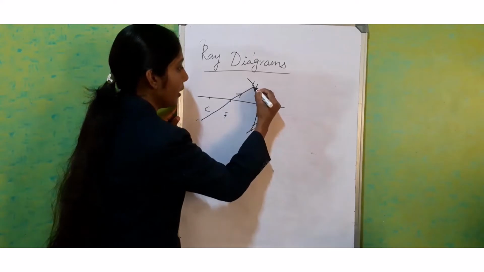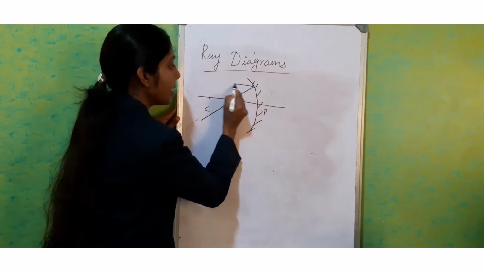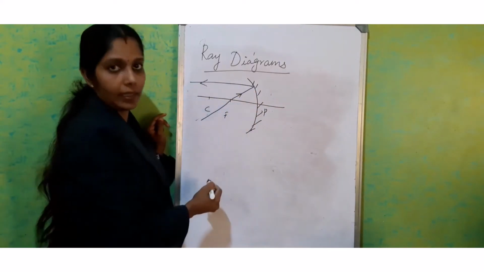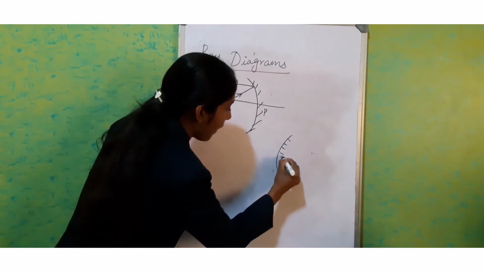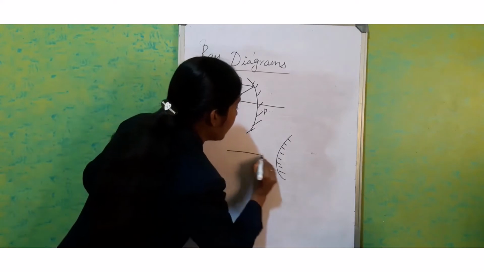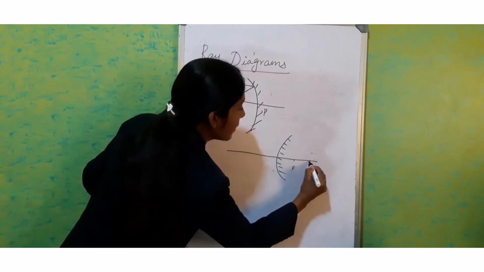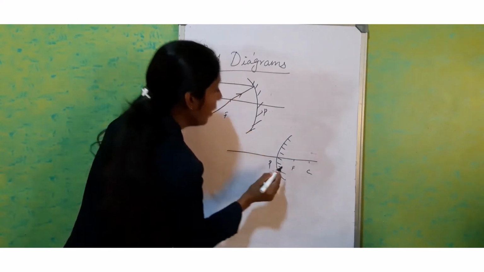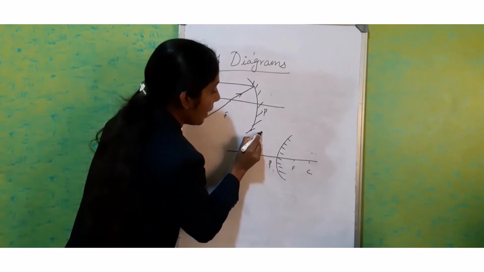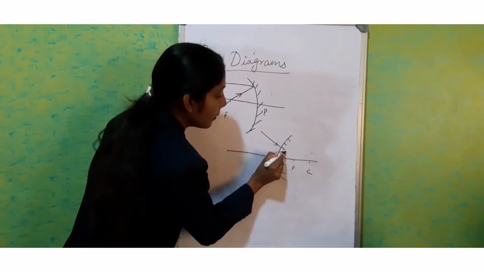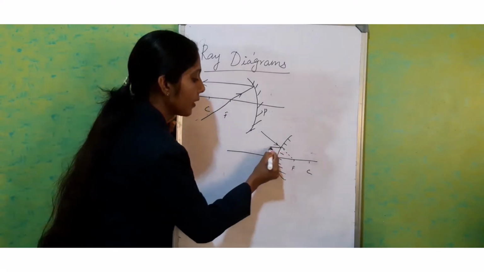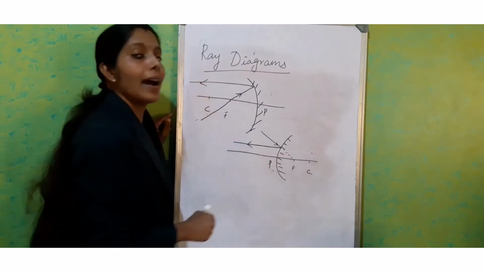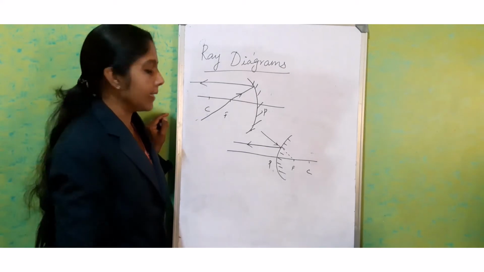Same case for convex mirrors. This is the focus, center of curvature and pole. A ray passing through the focus, or appearing to pass through the focus, after reflection will be parallel to the principal axis.